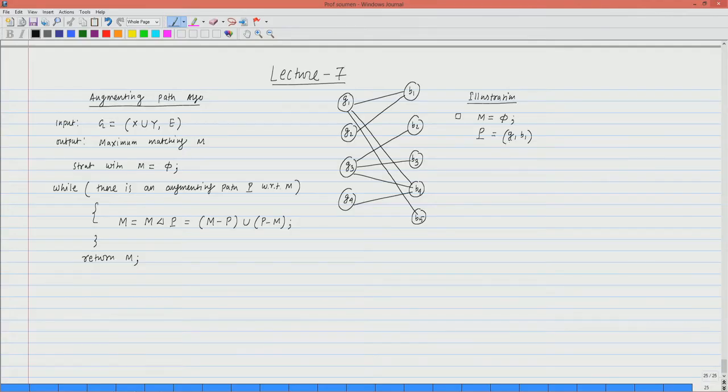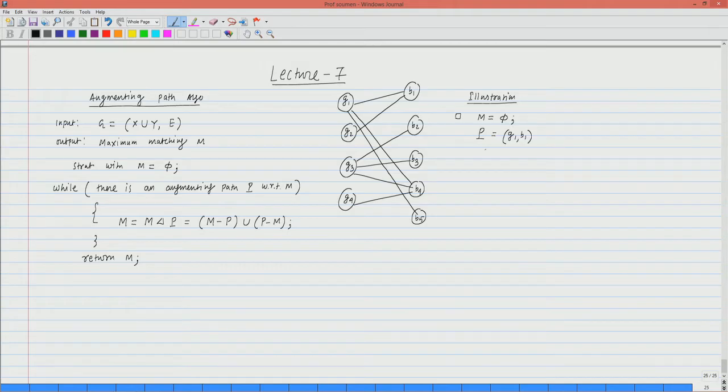This path P, that is G1 B1, is an alternating path. It consists of only one edge, and it starts with an unmatched vertex G1 and ends at an unmatched vertex B1. At this moment nothing is matched, so this is an augmenting path.